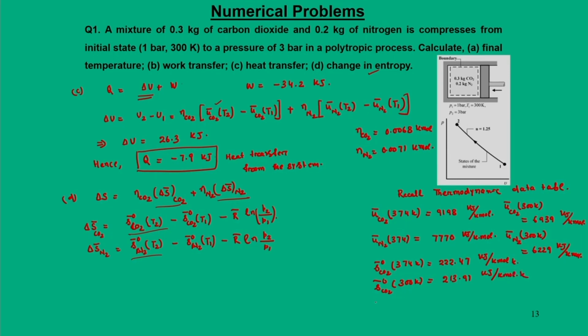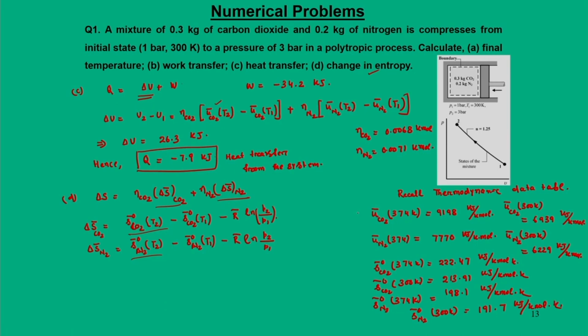Then for N2, S bar O N2 at 374 Kelvin is equal to 198.1 kilojoule per kilomole Kelvin. S bar O N2 at 300 Kelvin is 191.7 kilojoule per kilomole Kelvin.